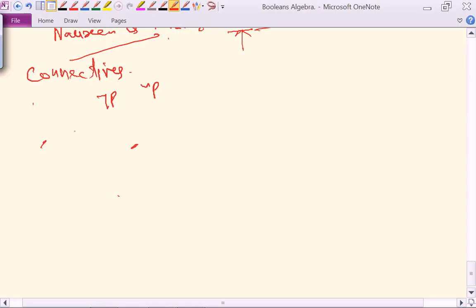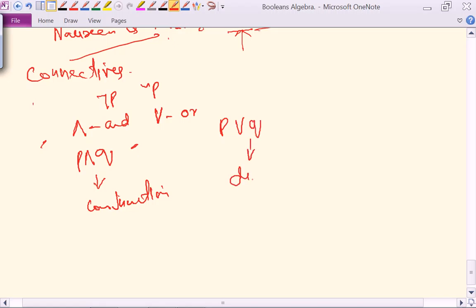And we have the or that goes down, and this is and, and this is my or statement. Sometimes we call them conjunction and disjunction. So P and Q is called conjunction, and P or Q is called disjunction.